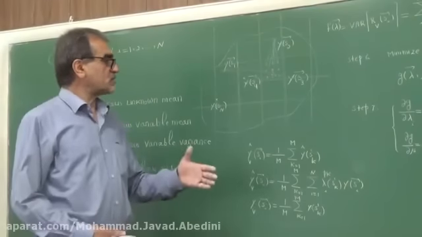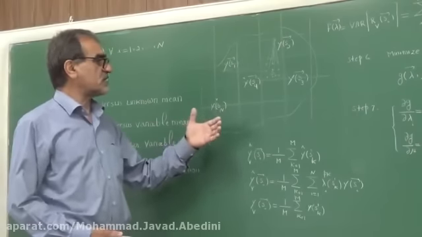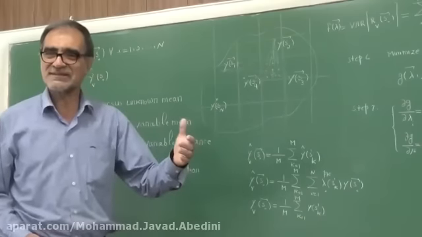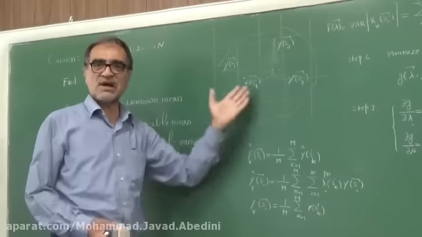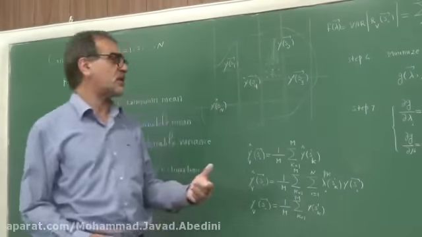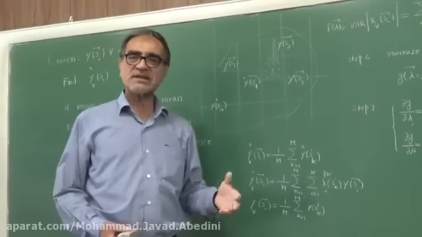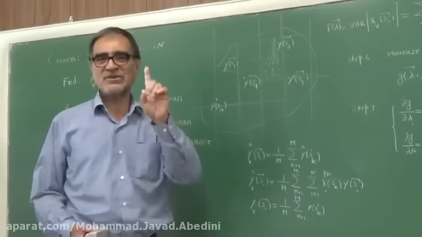If you are asked to estimate the average precipitation over Fars province, this is the boundary of your Fars province, and you have 163 rain gauge stations. In that case, your block will become as large as the study area, only one block.